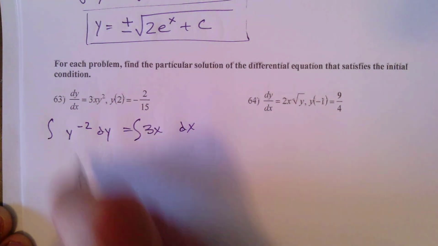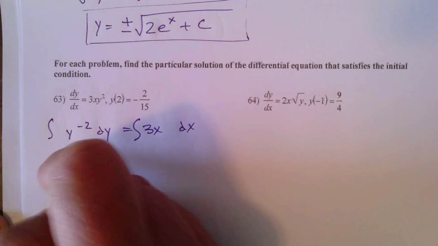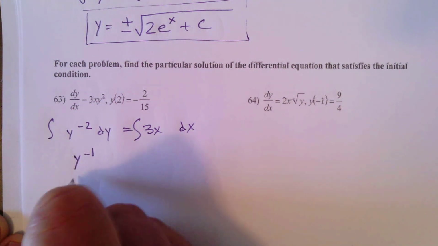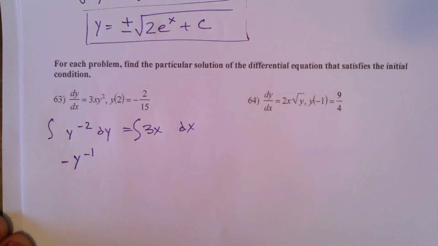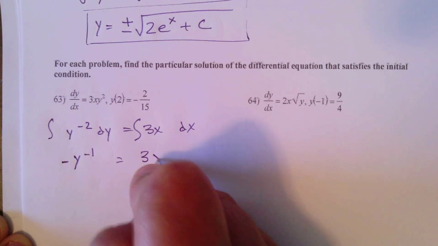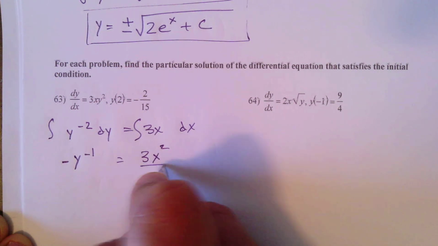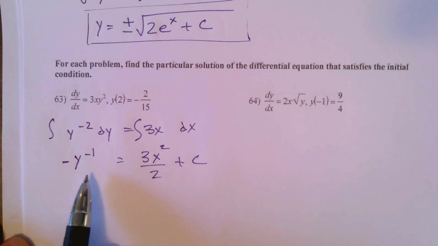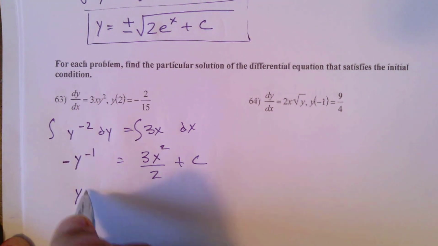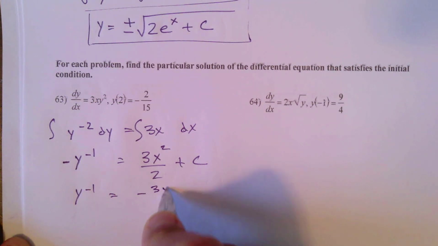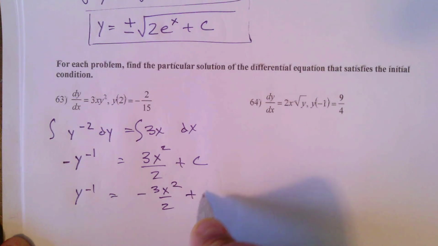Integrate, integrate. Here we can use the power rule, so it's going to get bumped up by a power. So it's going to become y to the negative 1 divided by negative 1. On this side, it's going to be 3x, bump it up a power, squared over 2 plus c. And we want to get rid of the minus sign. So we're going to have y to negative 1 equals negative 3x squared over 2 plus c.